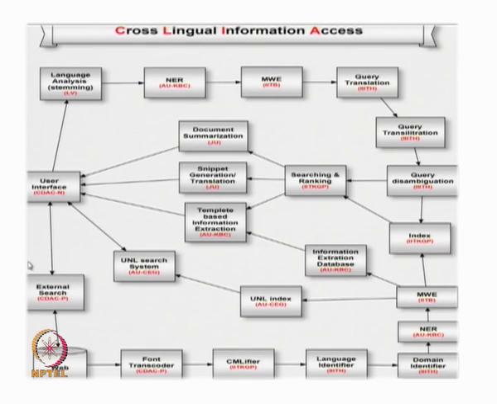All this of course, does not come free, they are supported by lots of offline processing. So, the web is crawled for documents, there are font transcoders, there are CMLifiers which embed rich tags in the document retrieved, which are used for output processing, information extraction and so on. Language identifier identifies the language of the document.